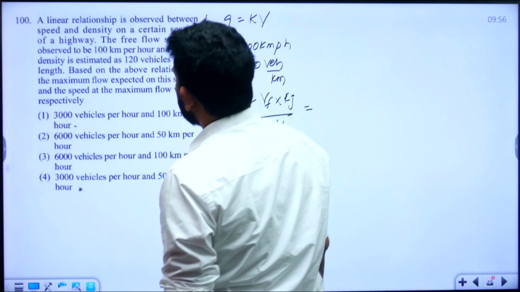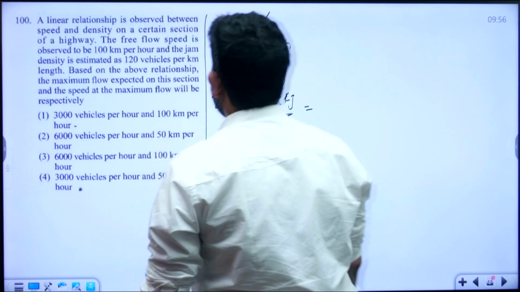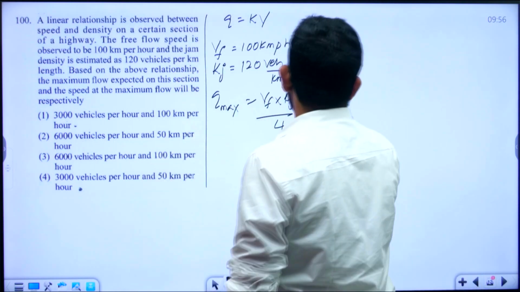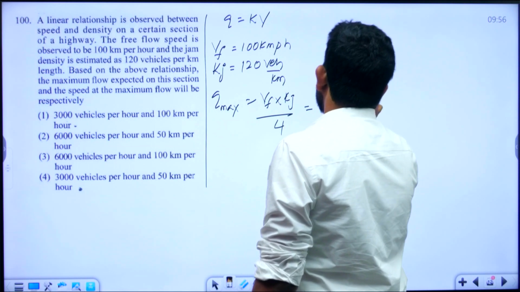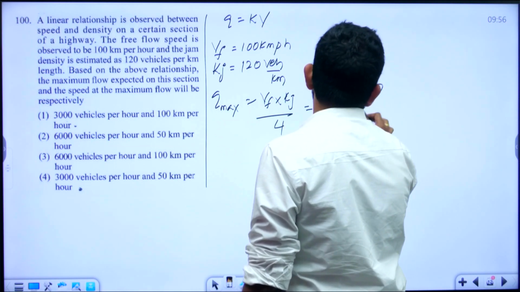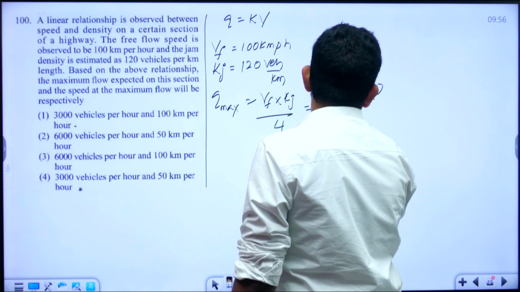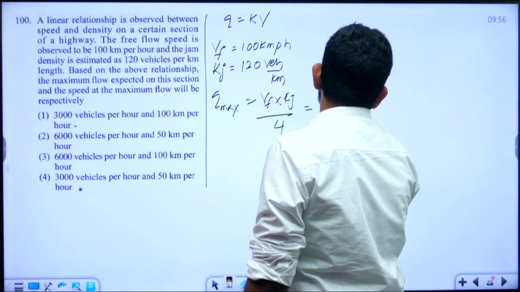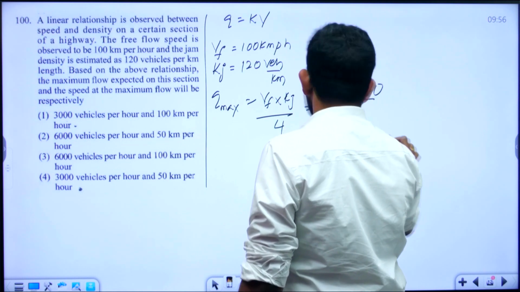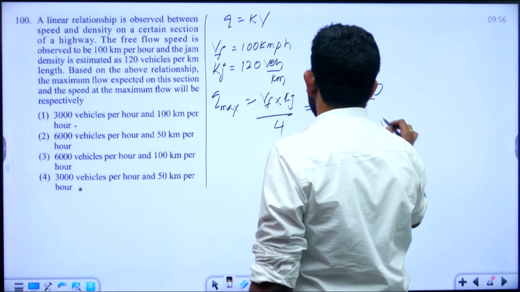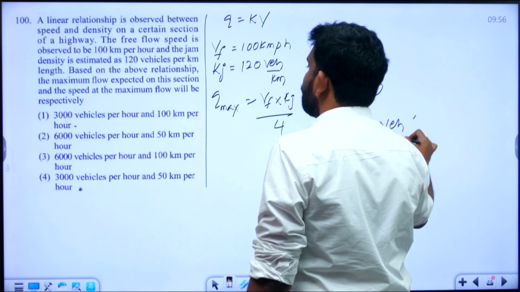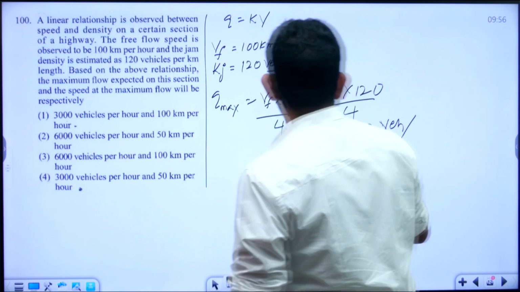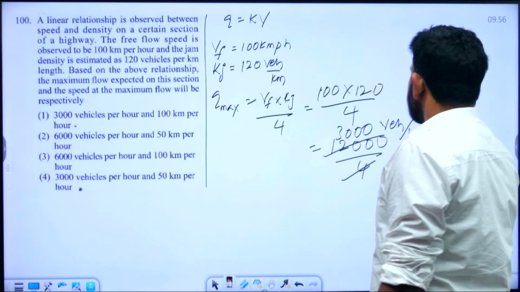The maximum flow expected on this section is 100 into 120 upon 4. This value comes out to be 12000 upon 4, which is 3000. Okay, 3000. This is Q max, that is flow, vehicles per hour.